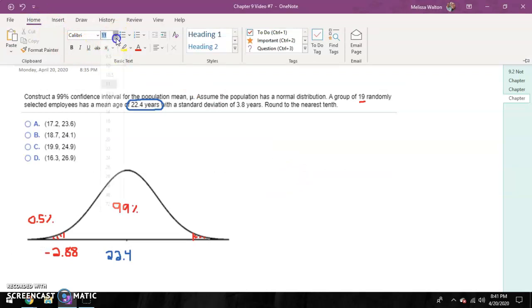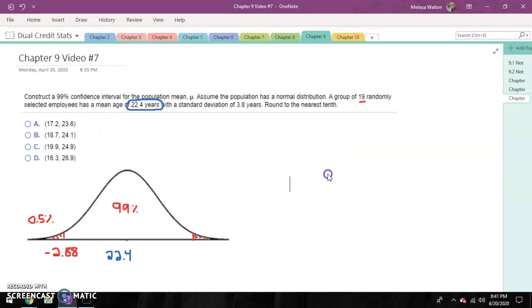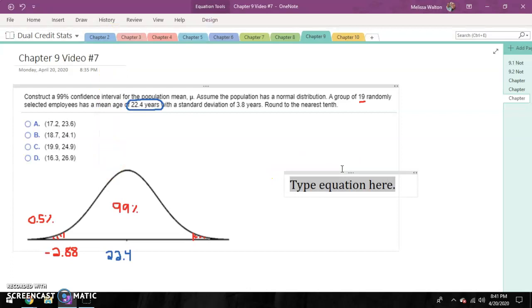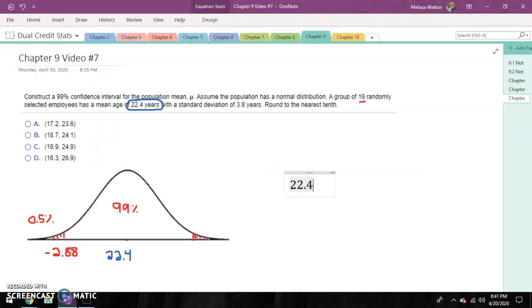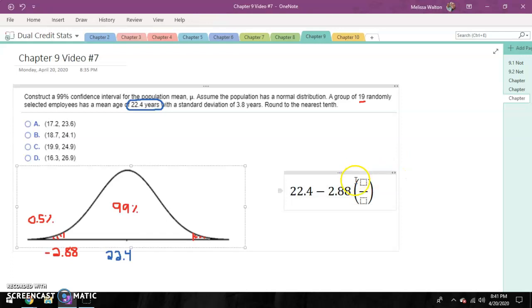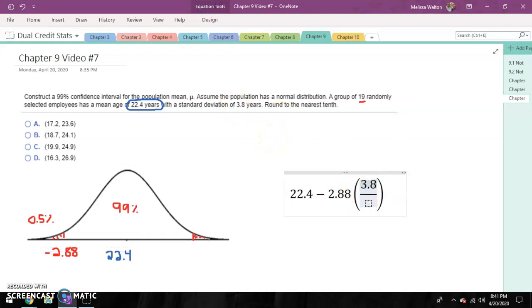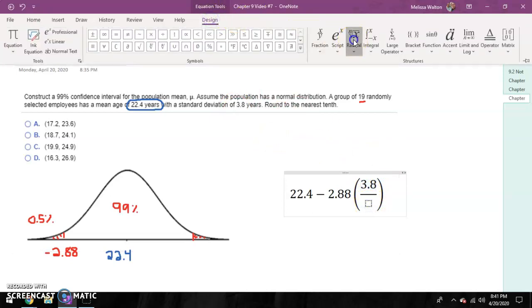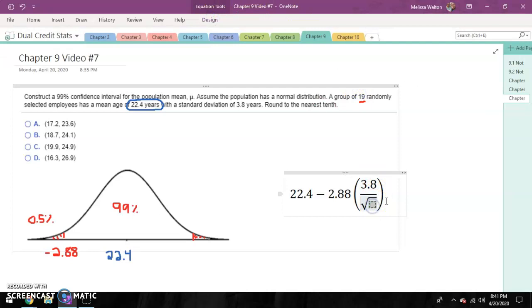All right, so that should be enough information to start our calculations. So here we go. We centered this around 22.4. I need to subtract 2.88 standard deviations. And for the standard deviation of our sample, it was 3.8 years. But I need to divide that by the square root of my sample size, which was 19.